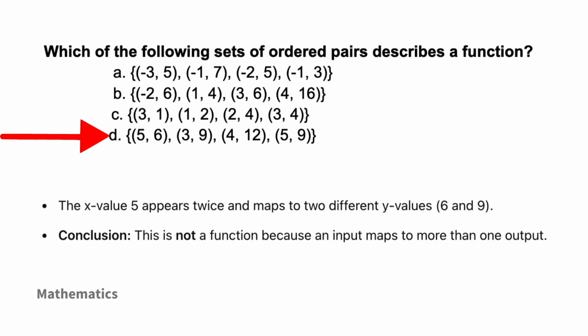The x value 5 appears twice and maps to 2 different y values, 6 and 9. Again, option D is not a function because an input maps to more than one output. Therefore, given these solutions, we know that the correct option is letter B.